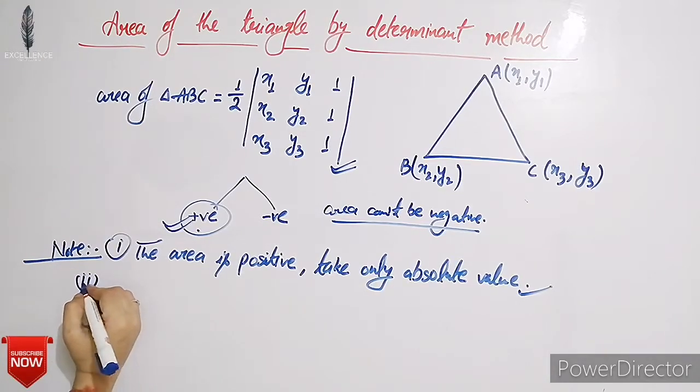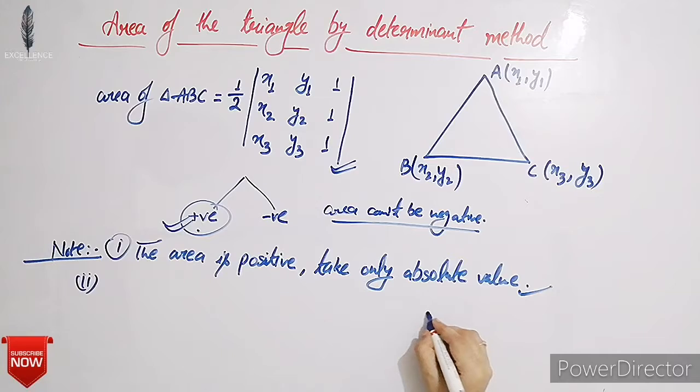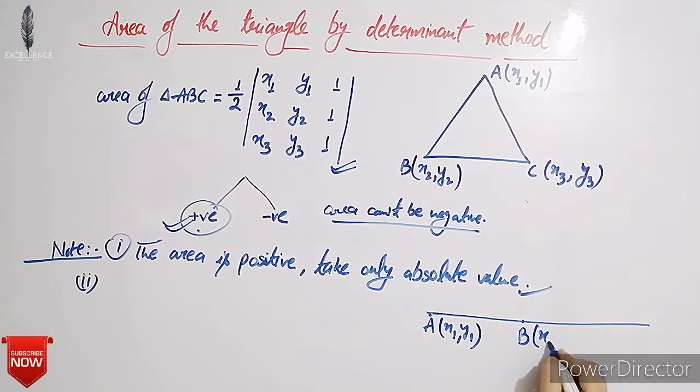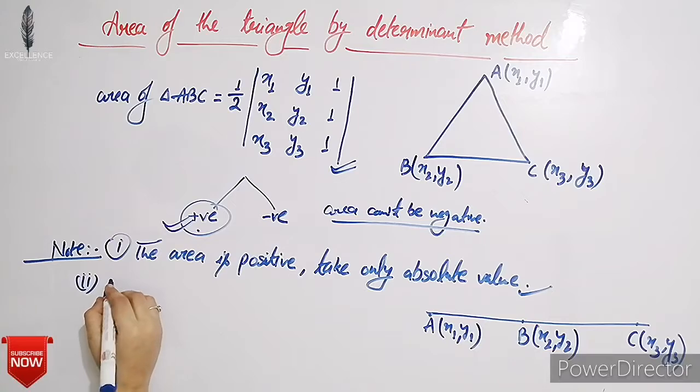And second important point is, if these 3 points are collinear, A (x1, y1), B (x2, y2) and C (x3, y3), then triangle is not possible.